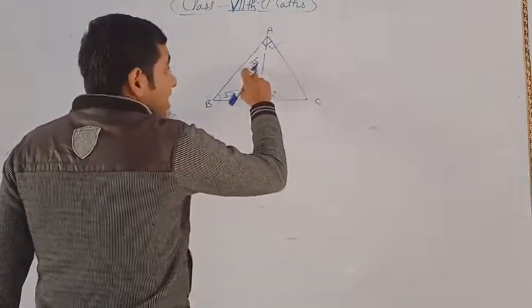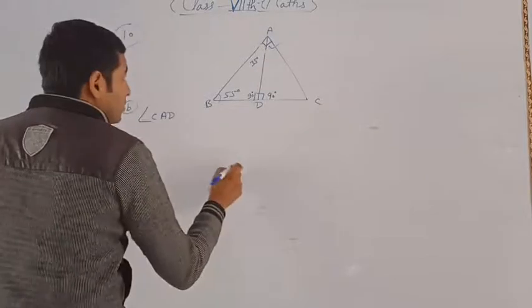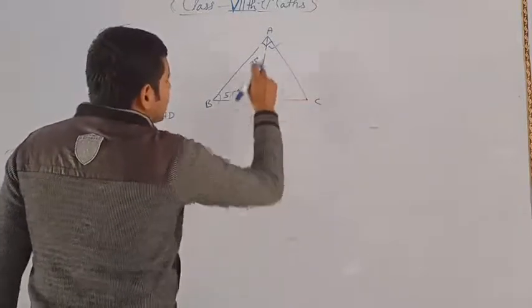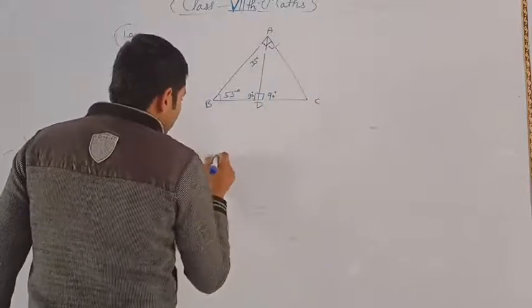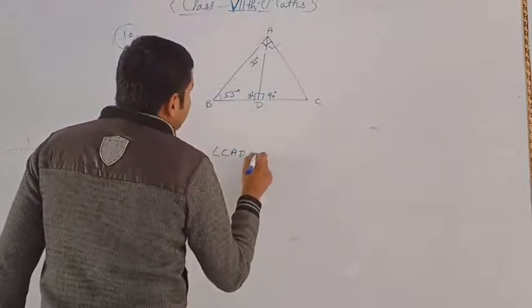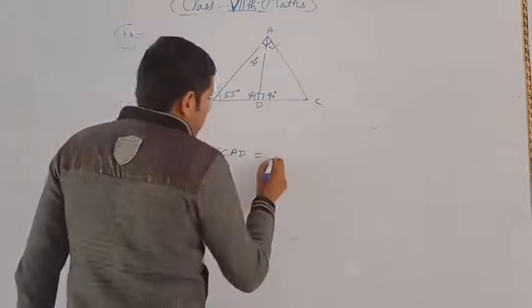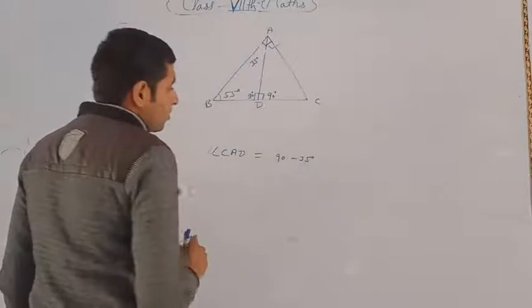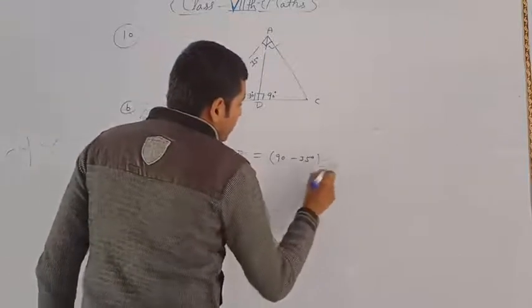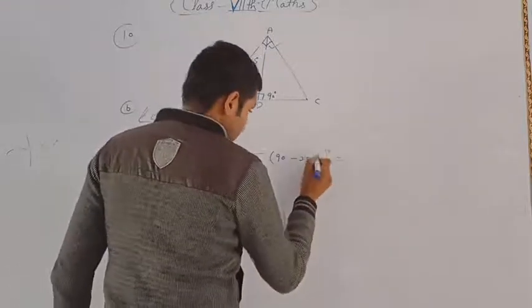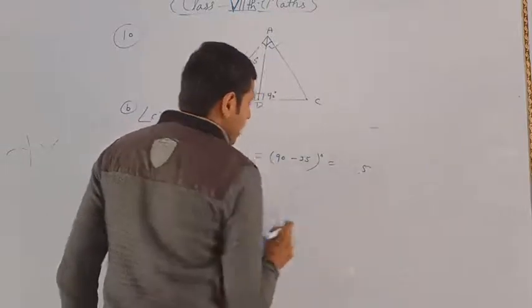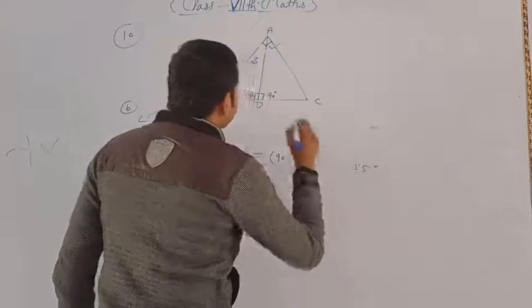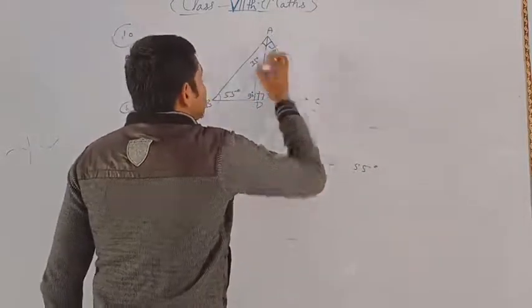So 90 minus 35 is equal to angle DAC, or CAD. Angle CAD is equal to 90 minus 35 degrees, which is equal to 55 degrees. So it became 55 degrees.